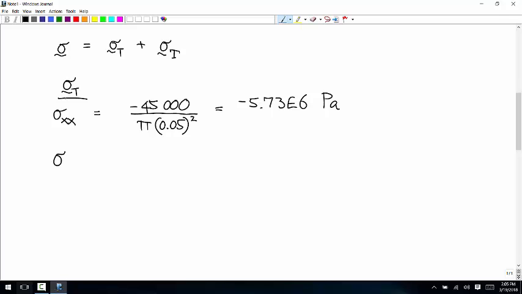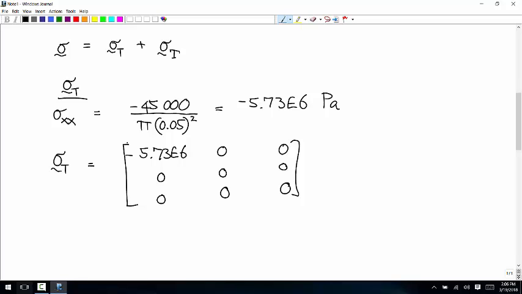So the stress tensor due to tension and compression is that in the X normal element, and then zeros everywhere else. This is in pascals.